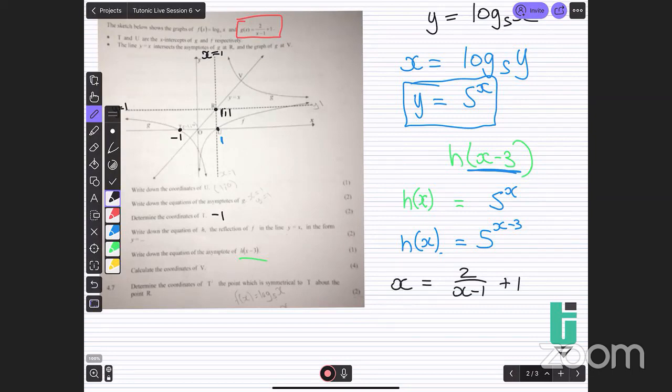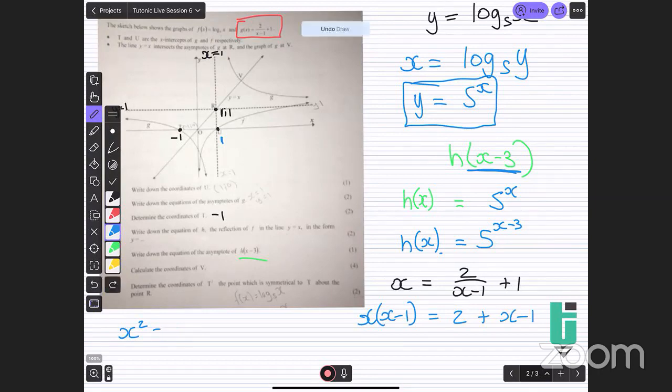Multiply by x minus 1. So what's x times x minus 1? It's x squared minus x. That will be x squared minus x equals 2 plus x minus 1. Then you take everything to one side and factorize it.